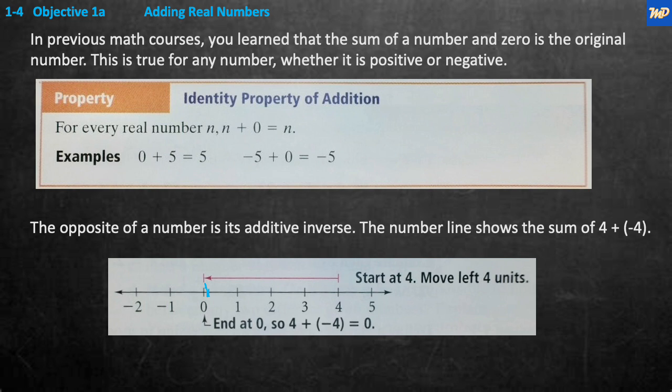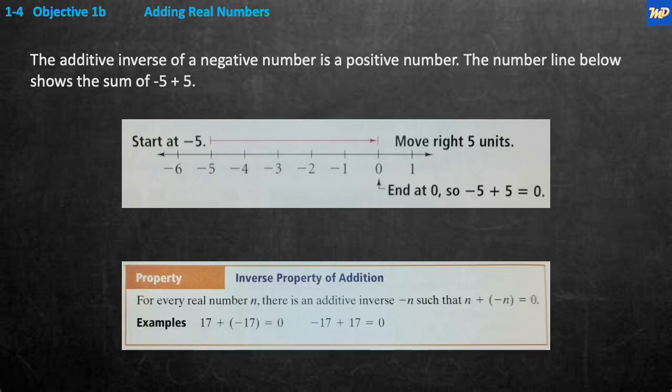So start at 4 and move to the left 4 units. So we started here and we move 1, 2, 3, 4. So end at 0. So 4 plus negative 4, you start at 4 and we subtract 4, 1, 2, 3, 4 from it. And what do we get? We get 0.